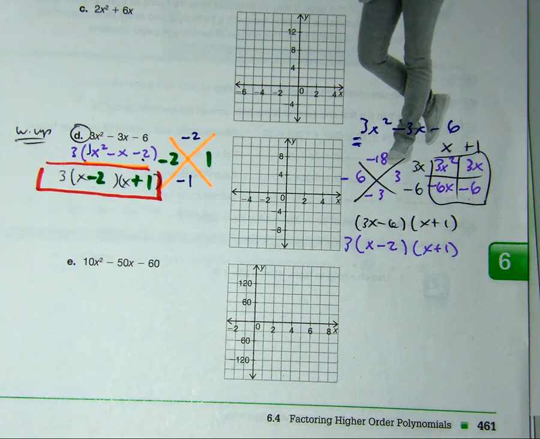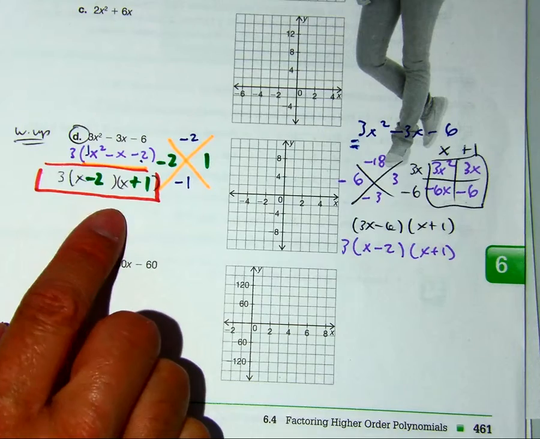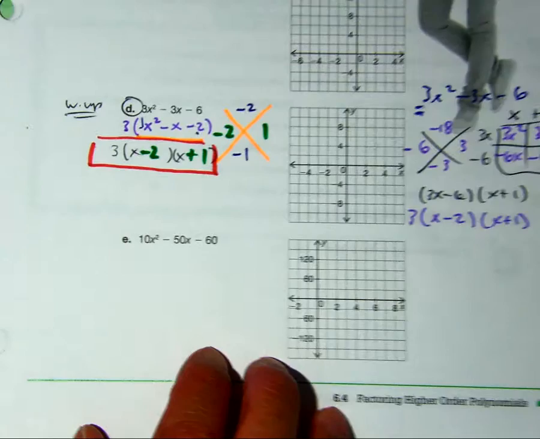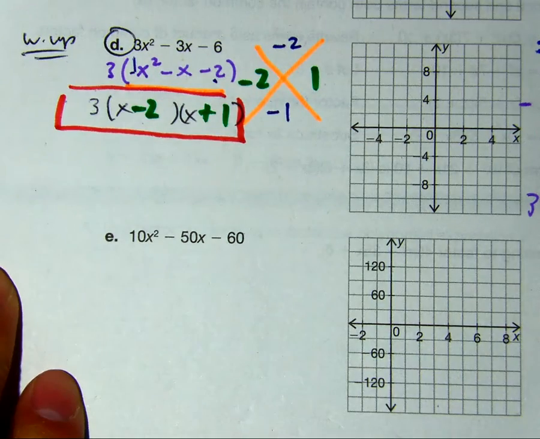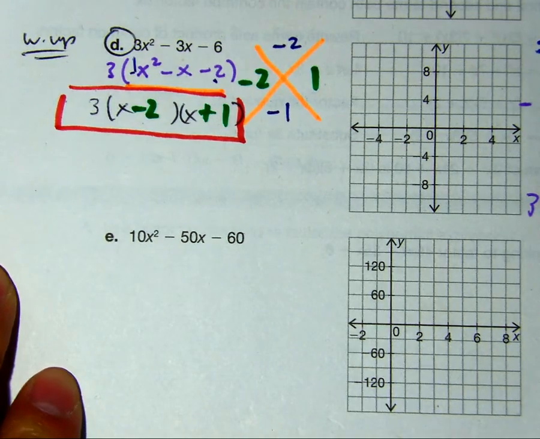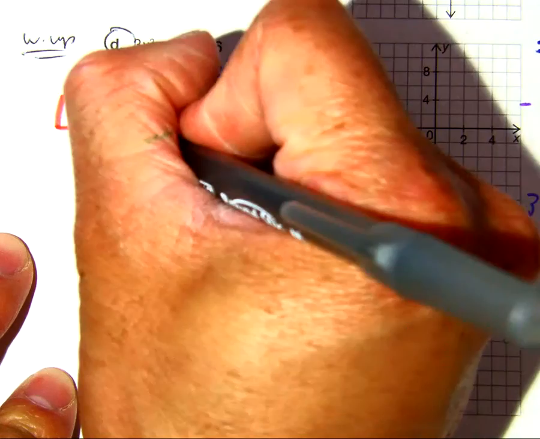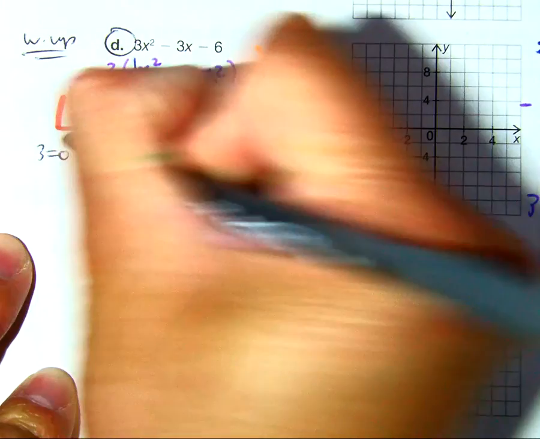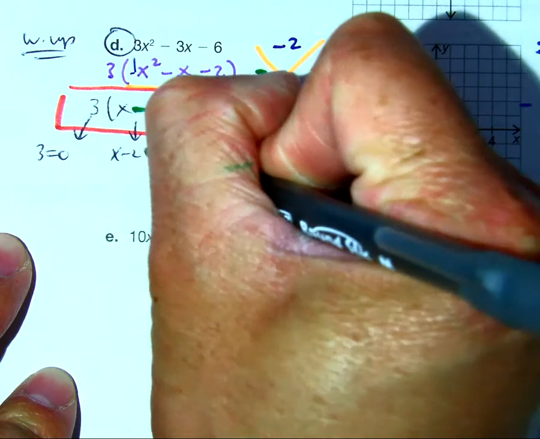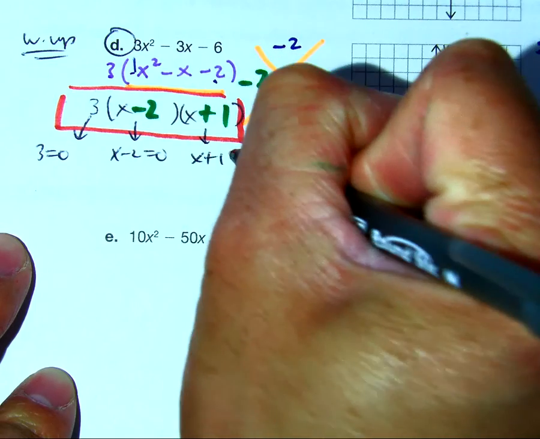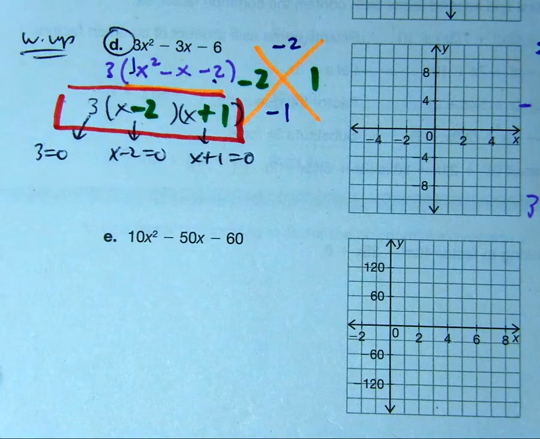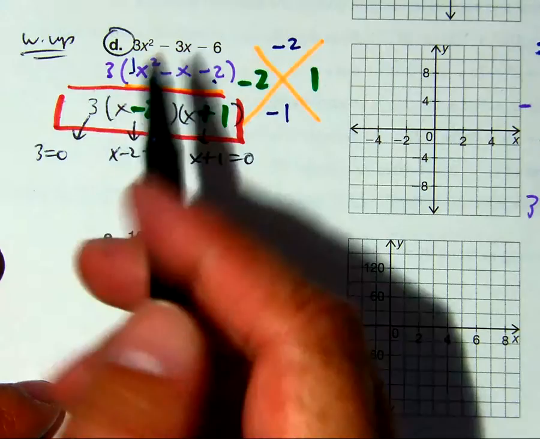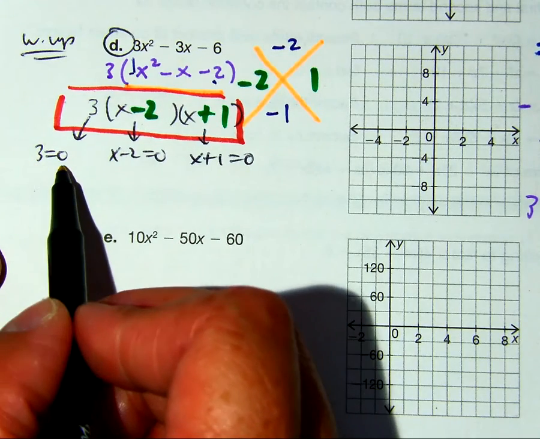Let's go ahead and graph this. Yesterday we learned how to solve. In order to solve, what do I have to do? Everyone say, set it equal to 0. Let's set it equal to 0. If I solve this, class, can 3 equal 0?